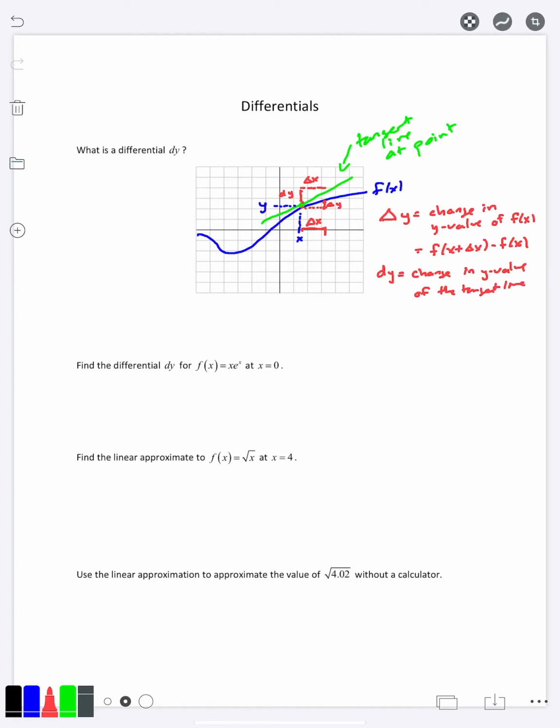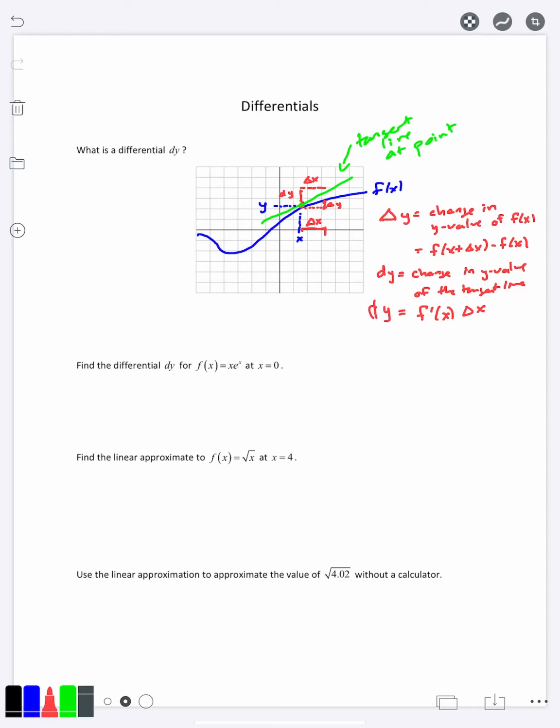And the thing is, since it's a line, we can find the change in the y value very easily by just taking the slope and multiplying it by how far the x changed. However, how far the x changed is delta x, and what's the slope of the tangent line? It's just the derivative. So that means my differential dy is just f prime of x delta x.